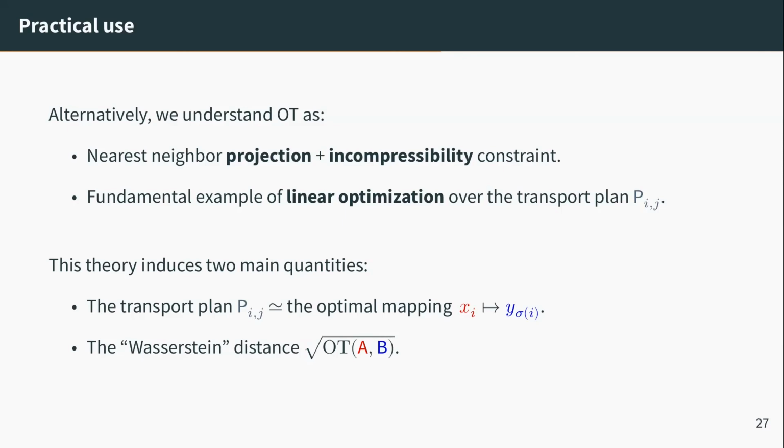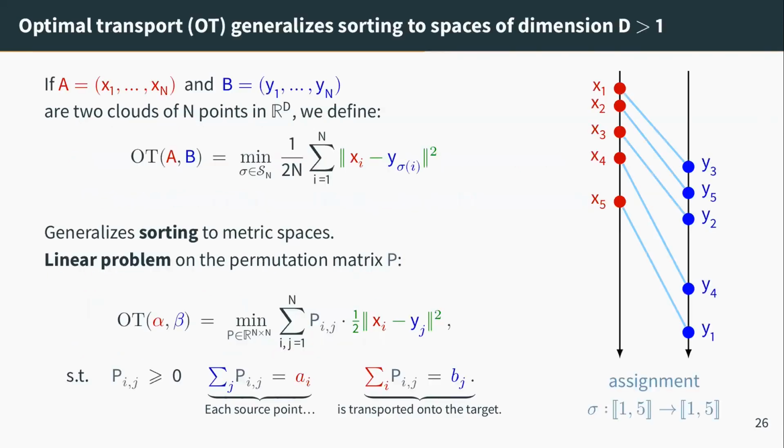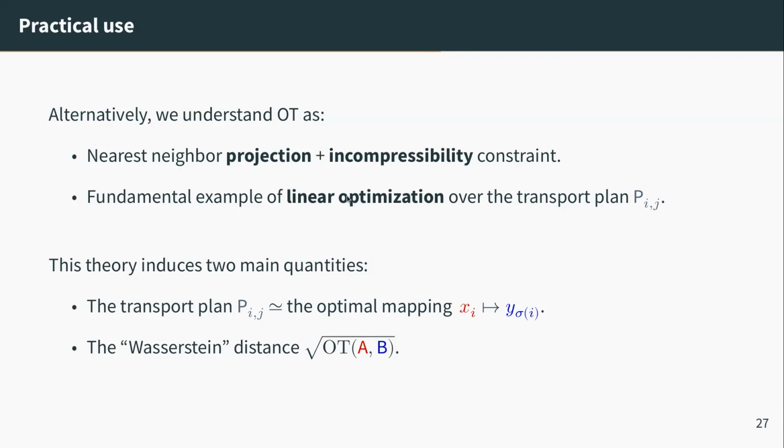First, if you have two distributions, you compute this transport plan, this increasing optimal mapping between the two distributions. And that can be interesting. But today, what we're really interested in is just the value of the cost, this OT of A, B, this squared Euclidean distance up to permutations. This is called the Wasserstein-2 distance, and it has quite a few nice properties.